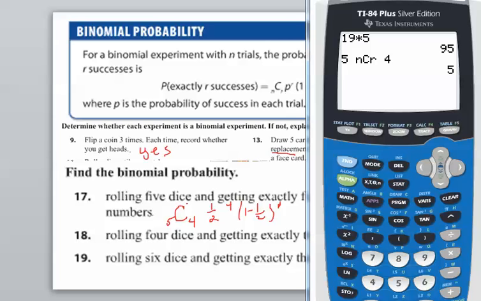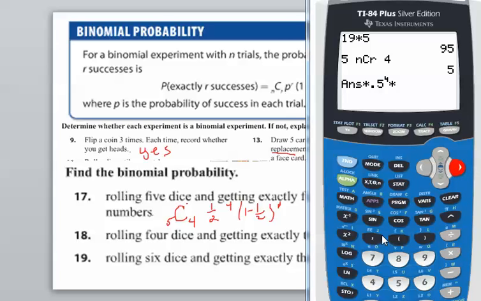Times 0.5 raised to the 4th power, times, oops, that didn't look like 0.5, did it? That's supposed to be 0.5.